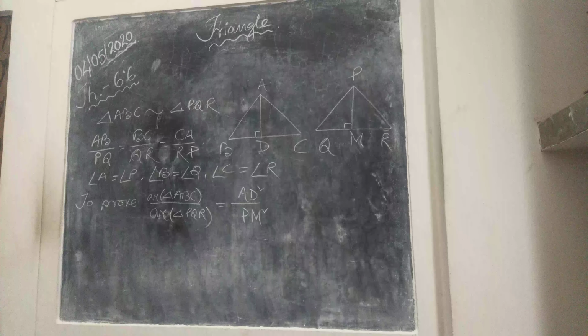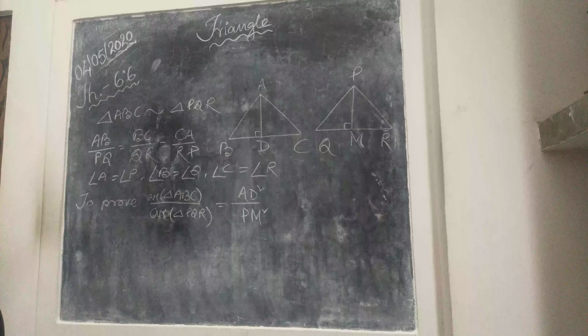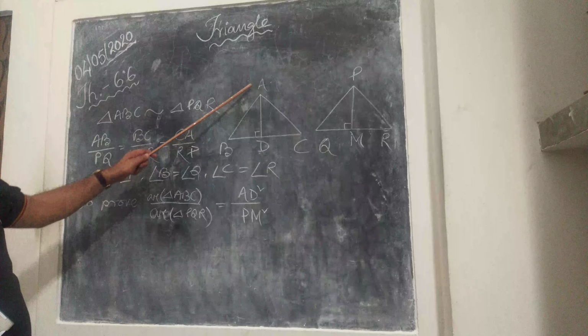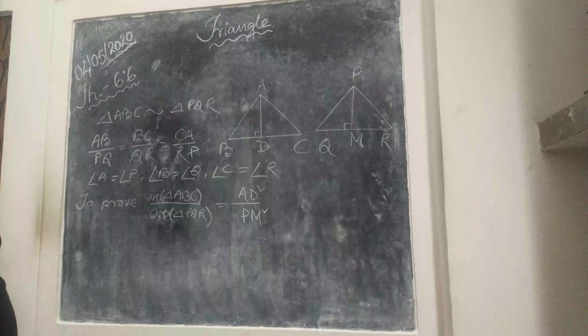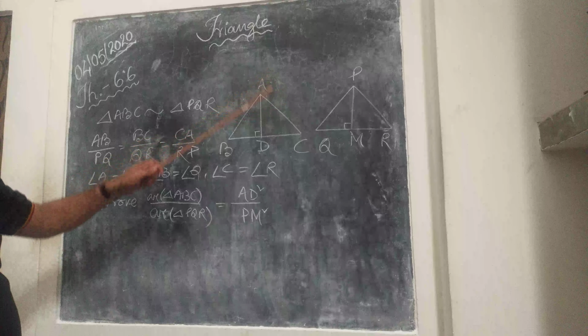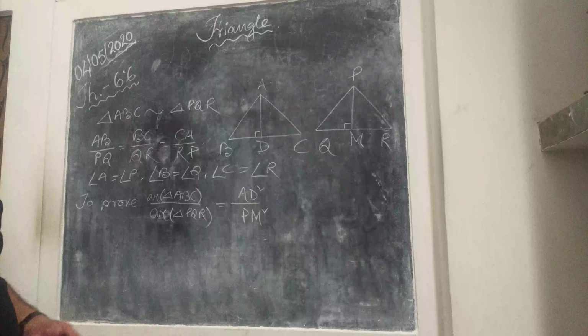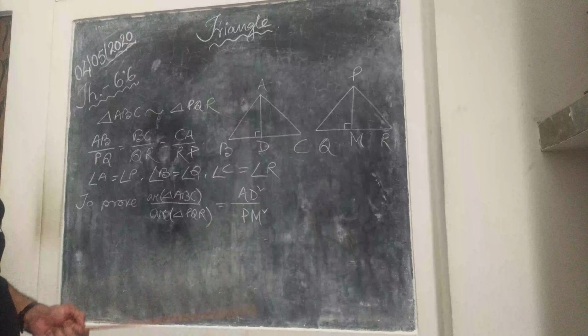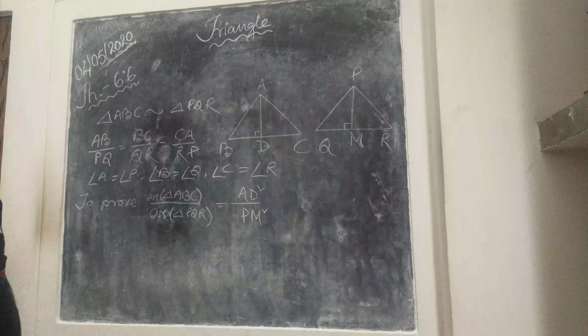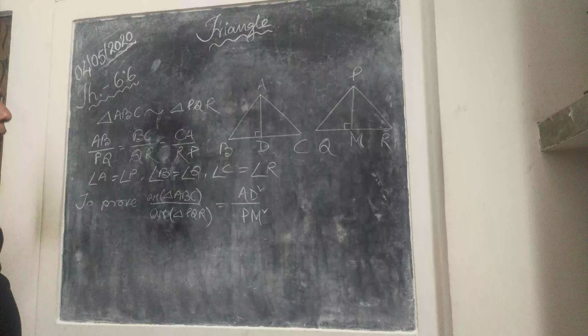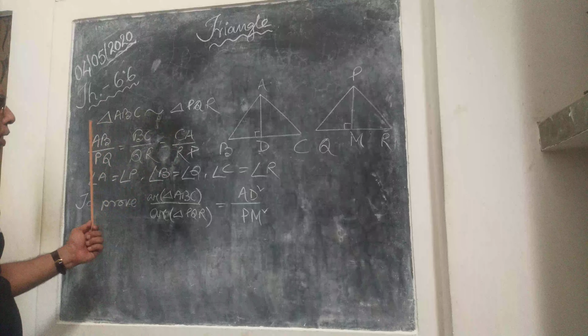Now, one question you may think: as we have drawn AD and PM according to the question, because they ask that the ratio of the areas of the two similar triangles equals the ratio of the squares of their altitudes. Apart from that, see the importance of this altitude from the perspective of this theorem.